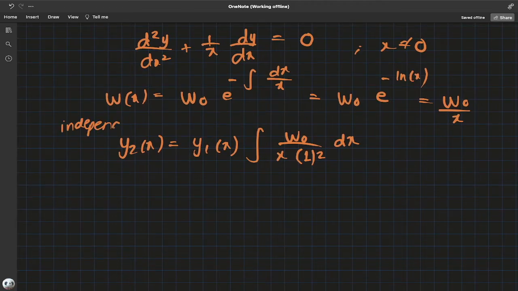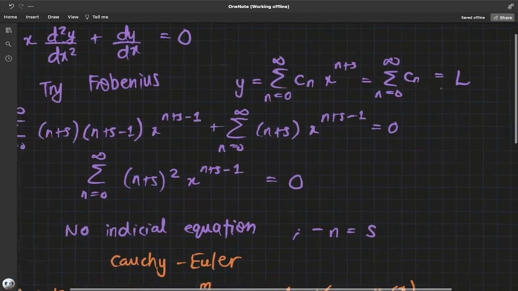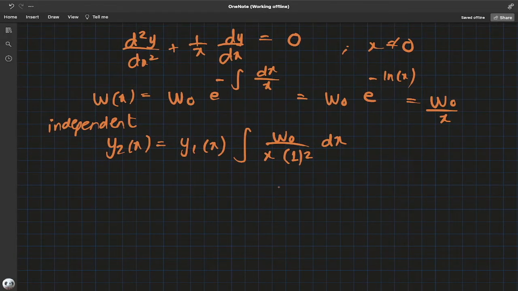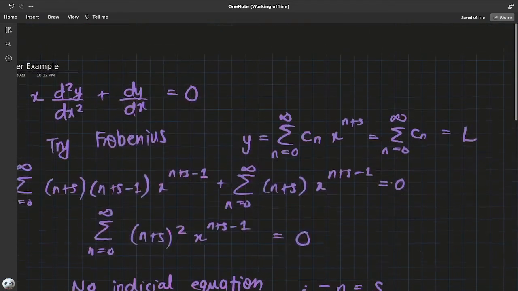No point generating the dependent one because it will just be another constant, which is not anything different than what the Frobenius solution was telling us anyway, assuming the series converged. So y1 is 1, and if you try to solve this, you just get some constant w naught times natural log of x, which is indeed a valid solution for this differential equation.